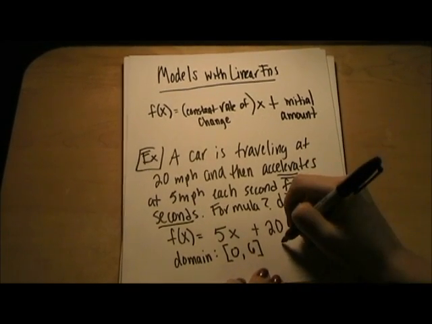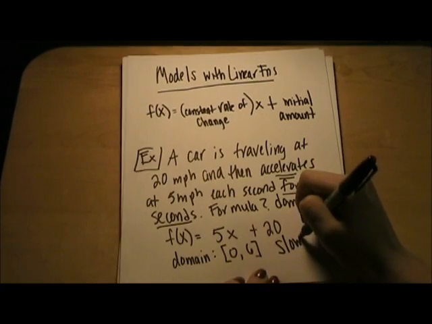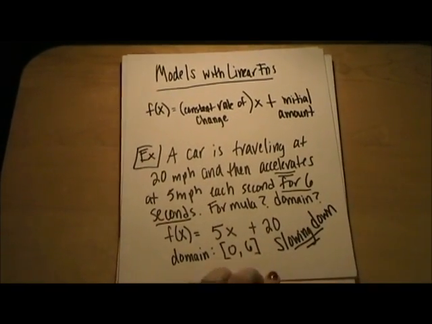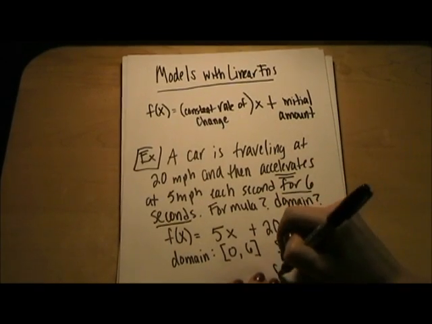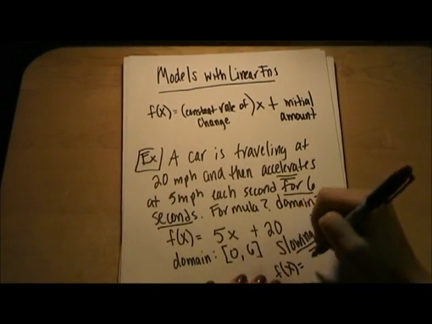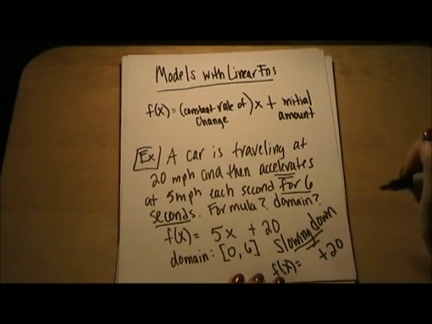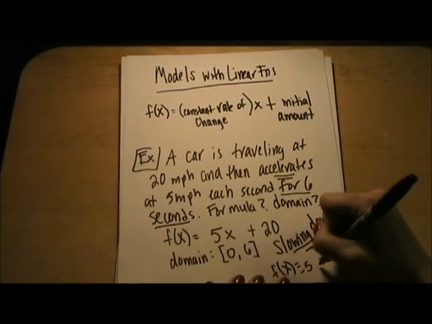If we were slowing down, our formula would only change slightly. Our initial amount is still 20, but if we're slowing down 5 miles per hour, it's going to be negative 5x.